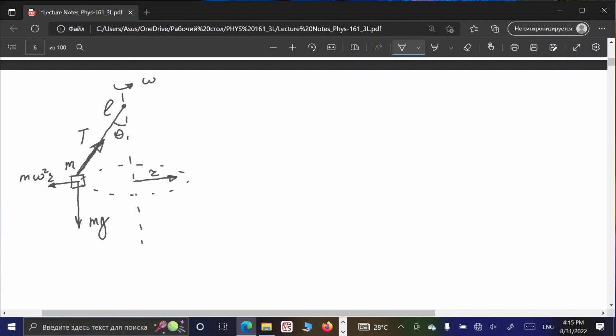Let us draw these vectors, the forces which are exerted on the block, separately, so we have it not overcrowded. So this is our block. Here is mg. Here is m times omega squared r. And here is tension.